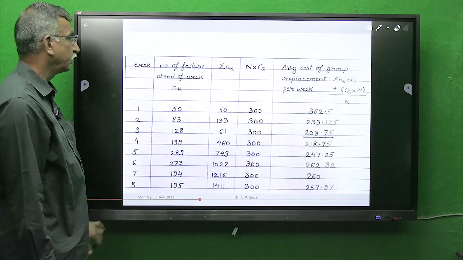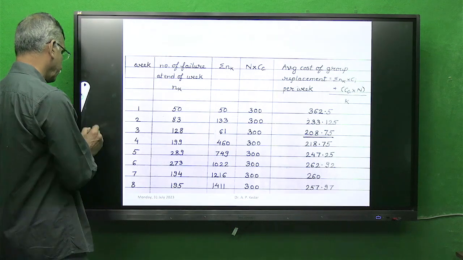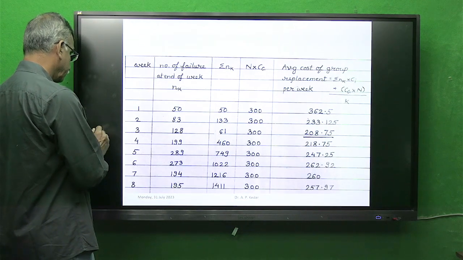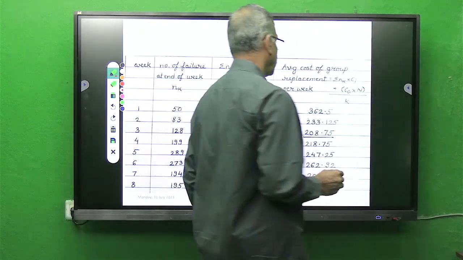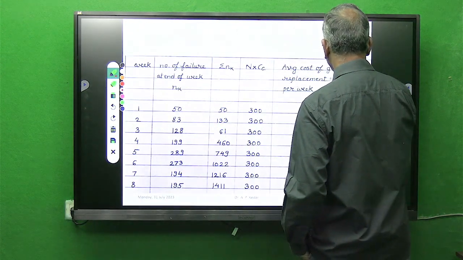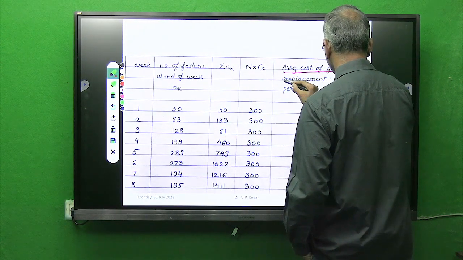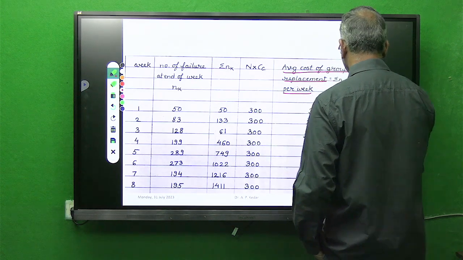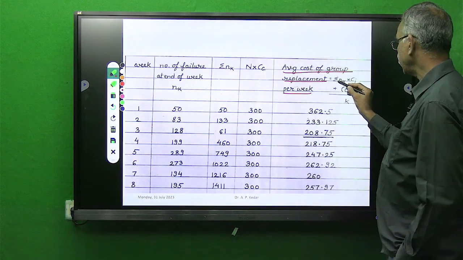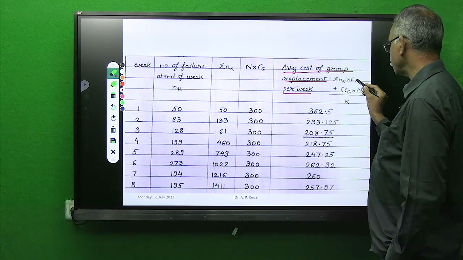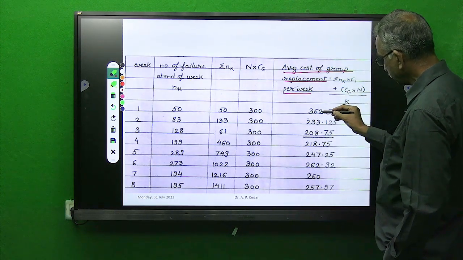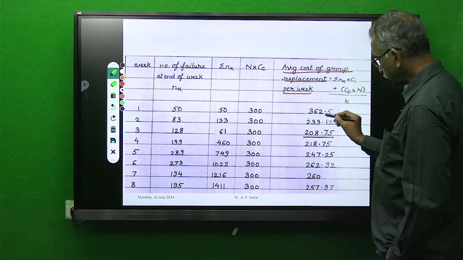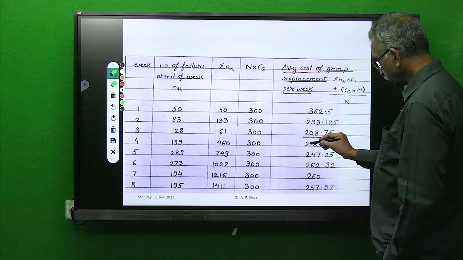Once this is ready, it is only a matter of comparison, using the same formula for estimating the average cost of group replacement per week. This formula we have studied: n_k into CI plus CG into n by k, and observe the trend: 362, 233, 208, 218.